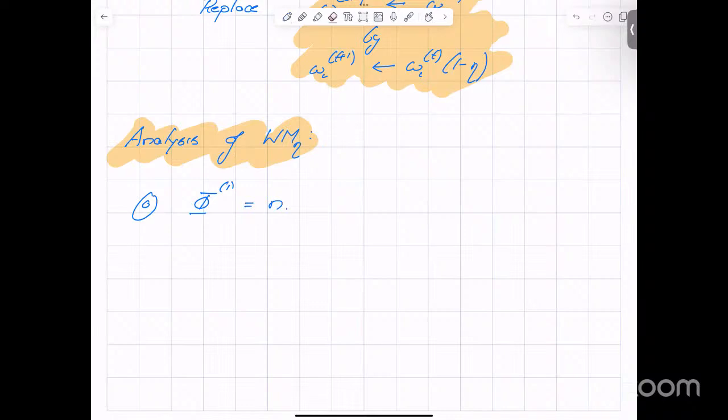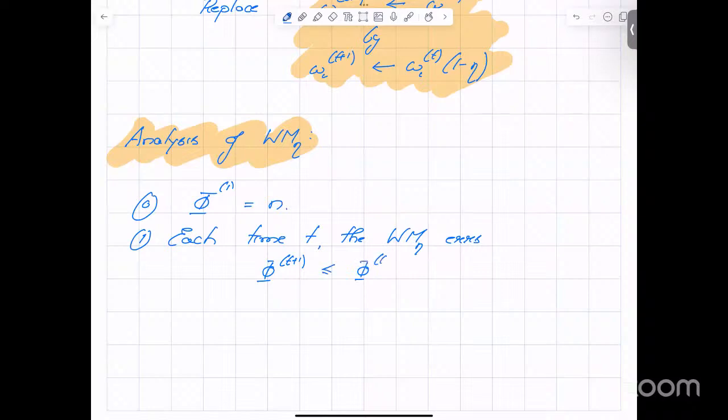Then each time t the algorithm errs, we have phi of t plus 1 becomes smaller than phi of t.